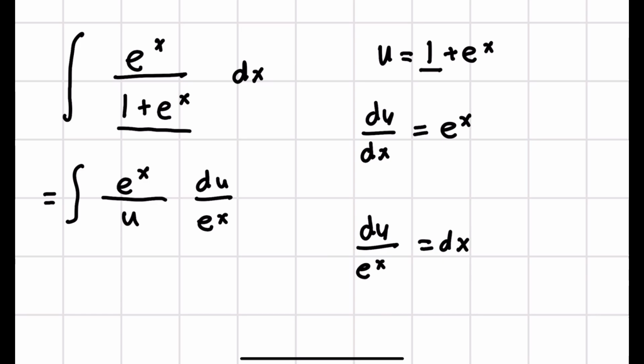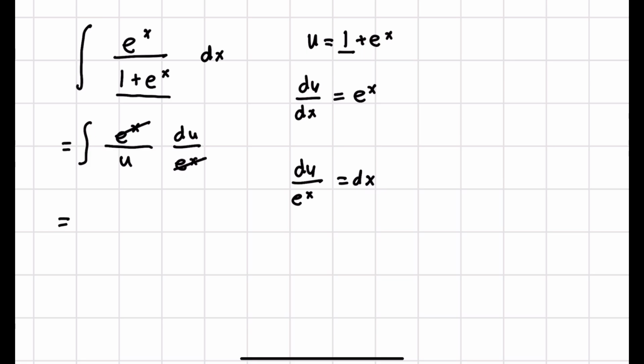And the e to the x cancel out. And now we're left with the integral of 1 over u du. And the integral of 1 over u is simply ln absolute value u plus c.